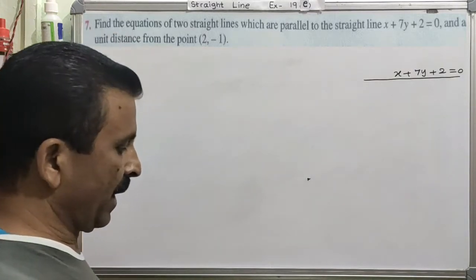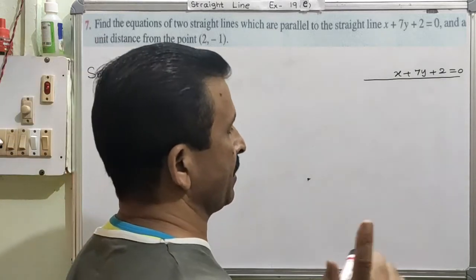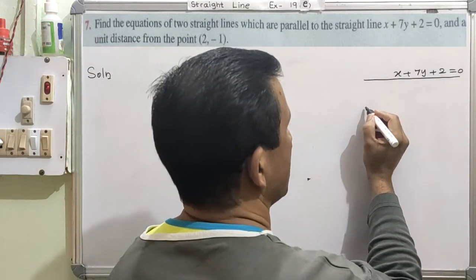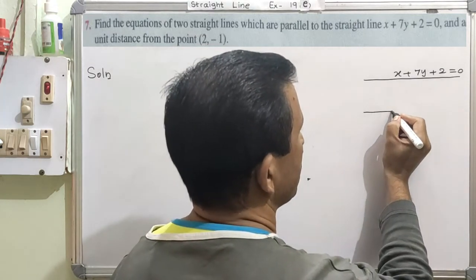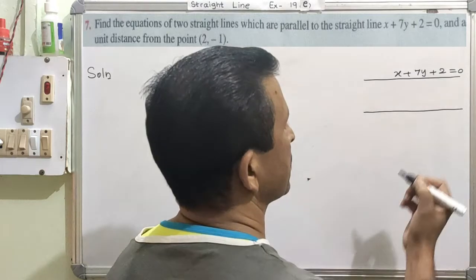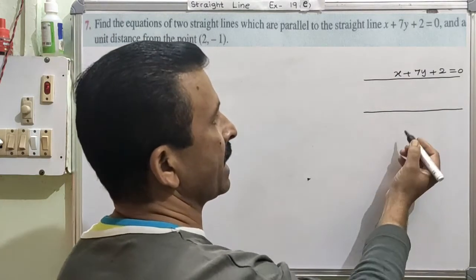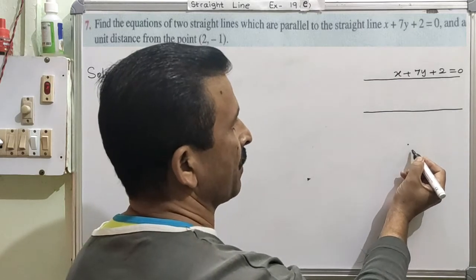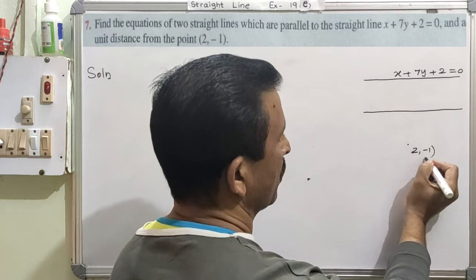Now we have to find the equation of two straight lines. So let me show you the line which is going to be parallel to this one. This is the line whose equation you are supposed to calculate. This is a line which is parallel to this one and is at a unit distance from the point (2, -1).